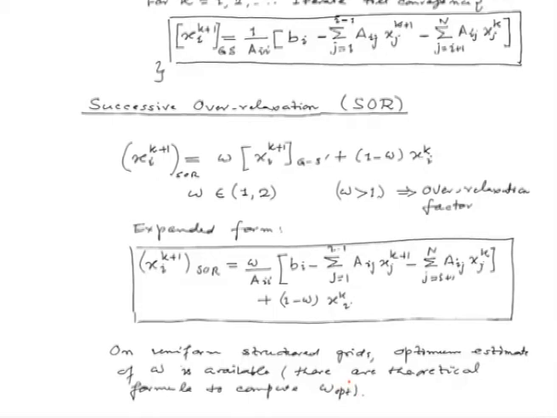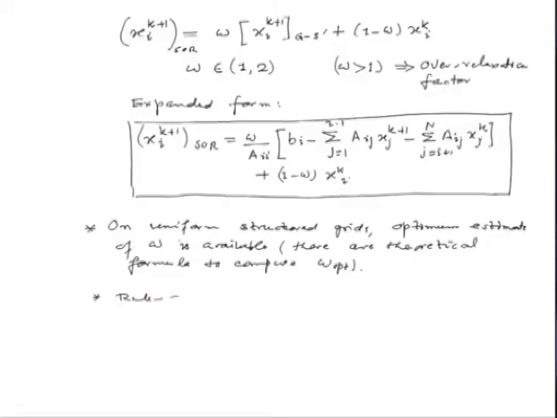But on general grids, wherein we cannot find out an estimate of omega opt, a rule of thumb value for omega is, you take some value close to 1.7 or 1.8. This would give us a reasonable rate of convergence.